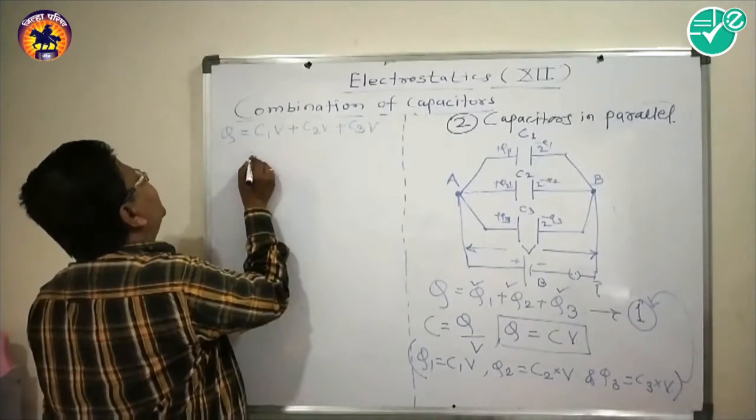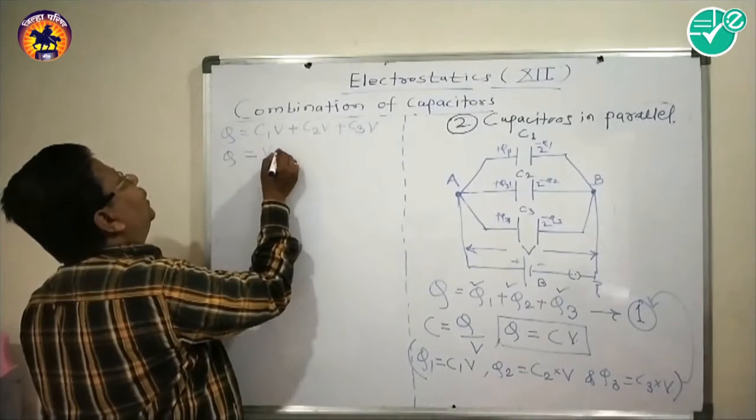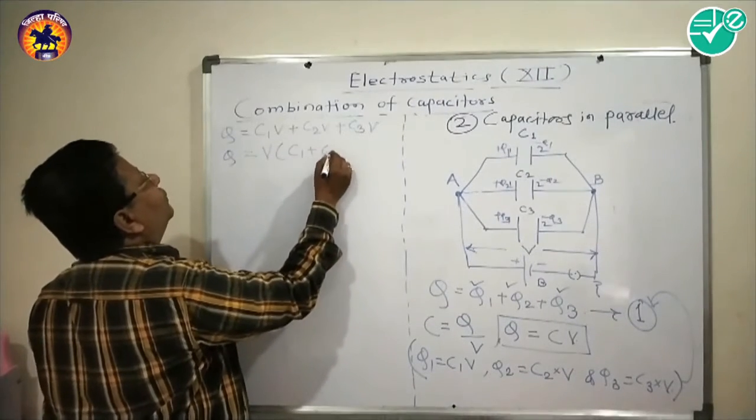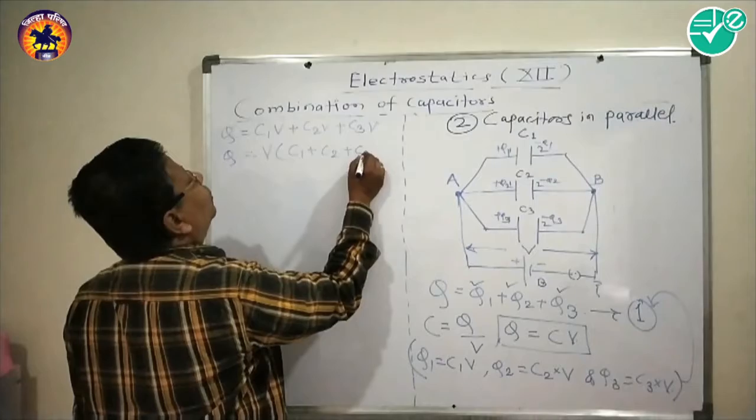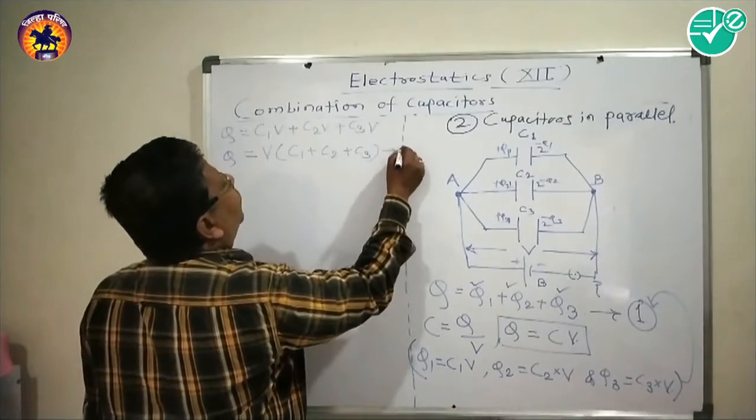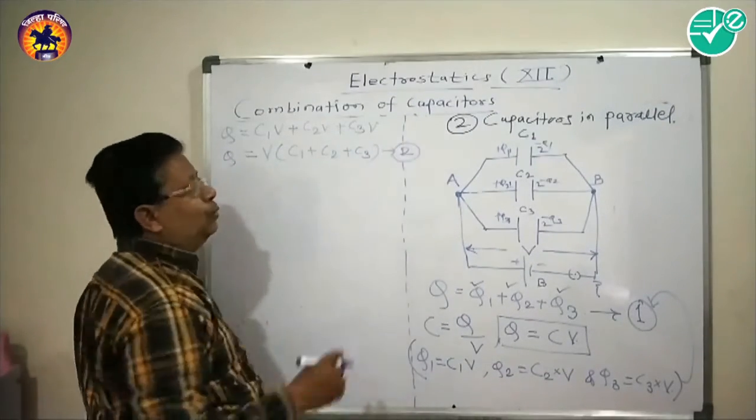In this expression, V is common, so Q is equal to V into bracket C1 plus C2 plus C3. Let us suppose this is equation number 2.